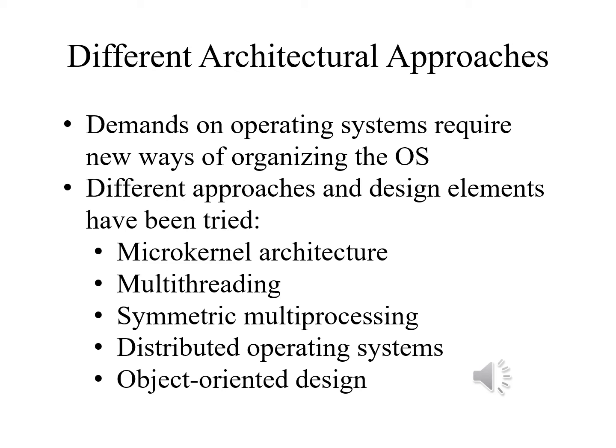A wide range of different approaches and design elements have been tried in both experimental and commercial operating systems, but much of the work fits into the following categories: microkernel architecture, multi-threading, symmetric multiprocessing, distributed operating systems, and object-oriented design.